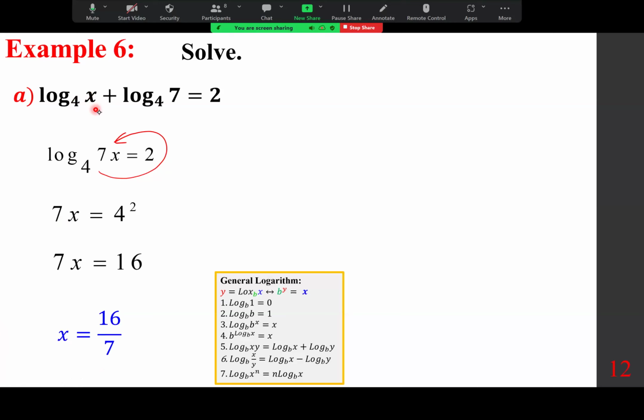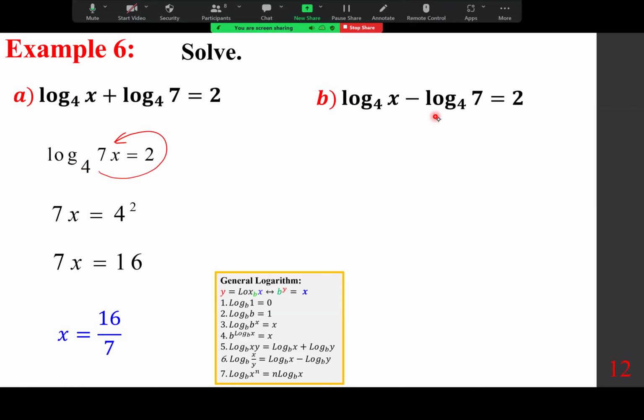That works out because you want to make sure all arguments are positive. You can further investigate and see that 16 over 7, when you multiply it by 7, you get 16. Log of 16 when the base is 4 is 2.